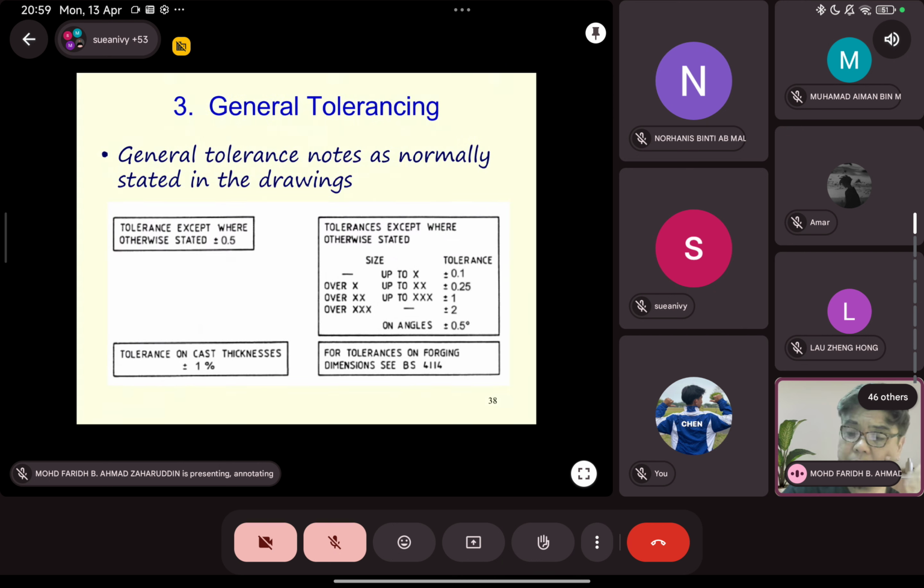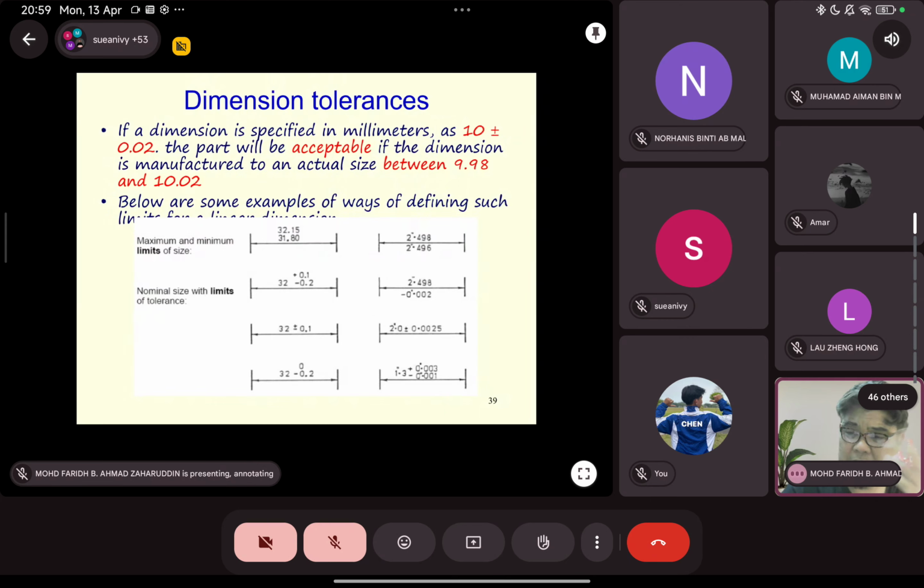This is the general tolerance note stated in the drawings. Plus minus 0.1 is like this. This is another example. We can see a different approach of showing the upper limits or lower limits in the drawings.